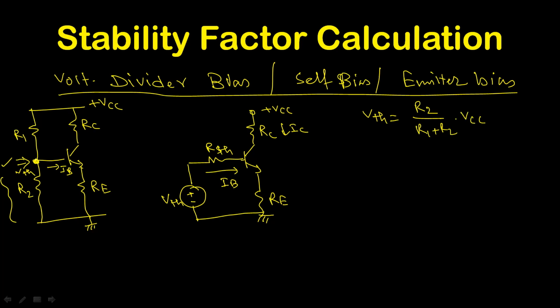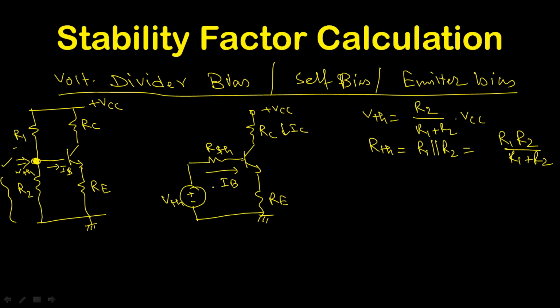And for the Thevenin equivalent resistance, if you look at this terminal, R1 and R2 are connected in parallel. So RTH is basically the parallel combination of R1 and R2, that is R1 R2 by R1 plus R2. So this is the value of VTH and RTH in terms of R1, R2 and VCC.